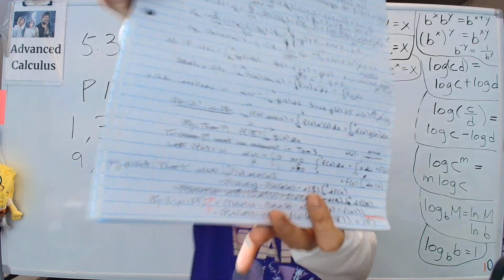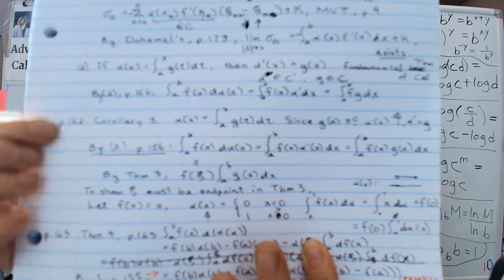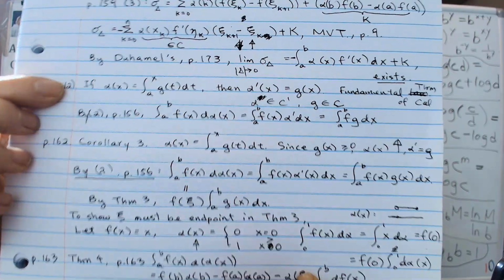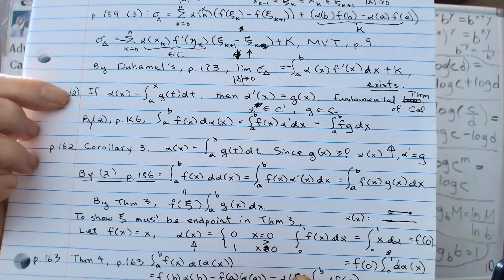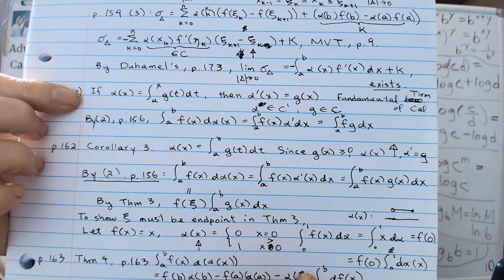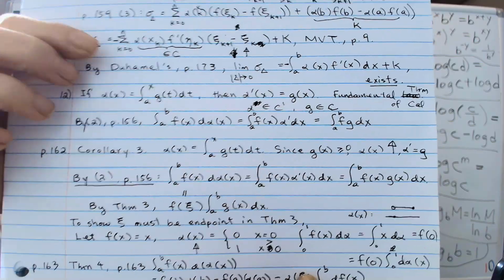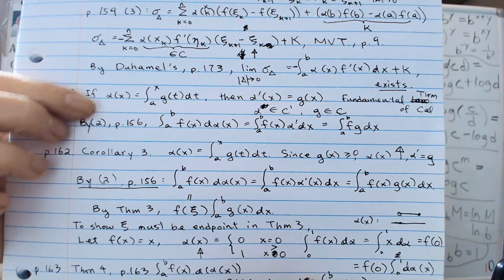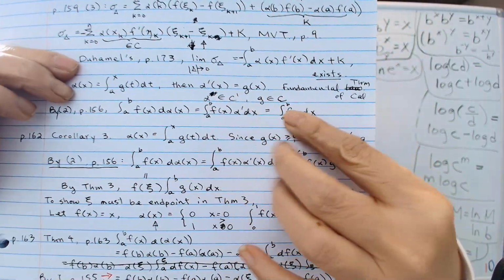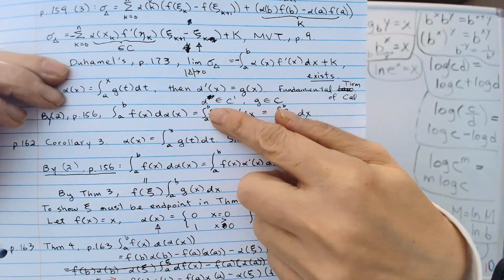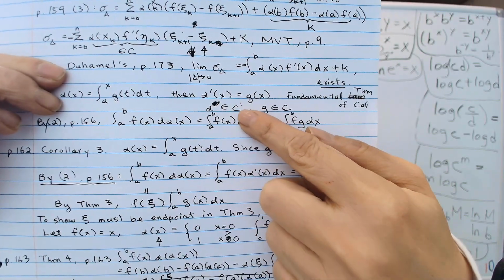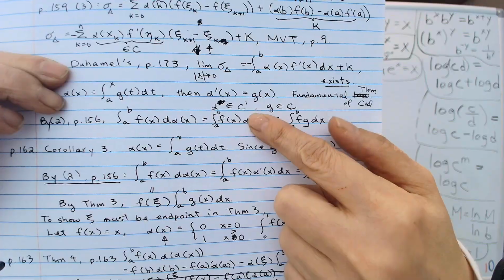Okay, so I have written out here, if alpha of x is that integral, then alpha prime of x equals g of x by the fundamental theorem. Also, g of x is given as continuous, so alpha prime is continuous as well, which means alpha is in C1.